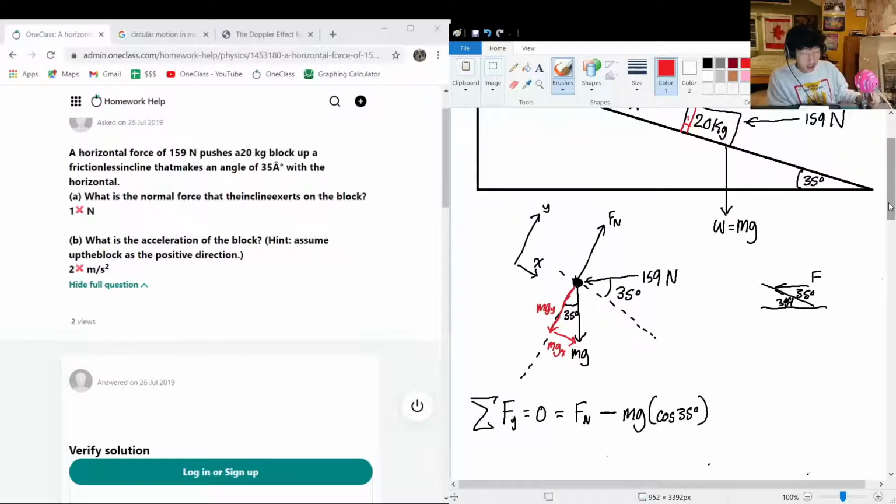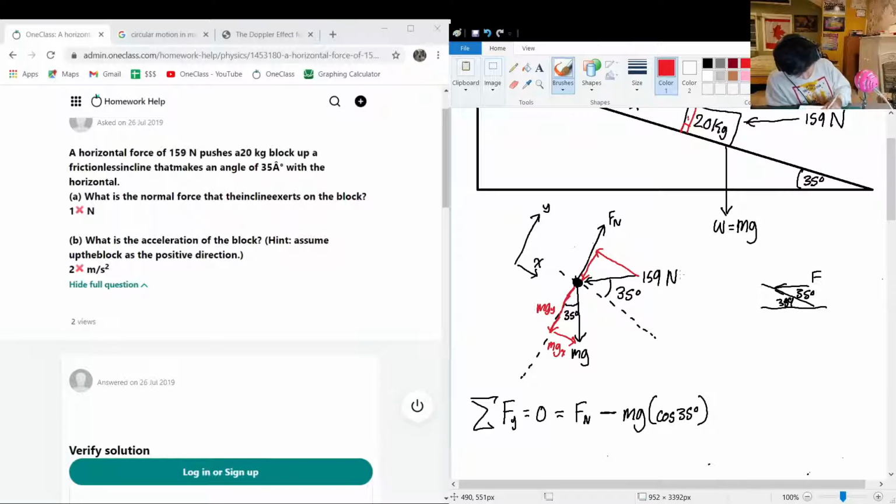This is pretty much the same as saying the force is something like this, and we only want the one that's along the y, and that has to correspond to sine 35.